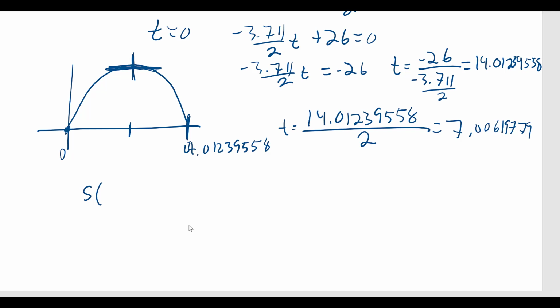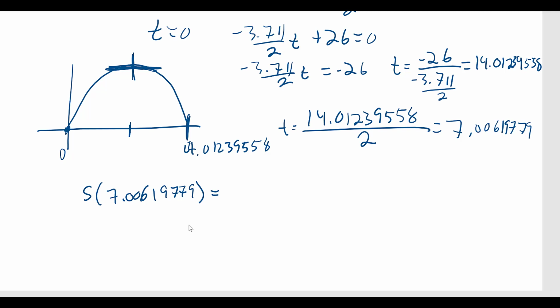When you're typing in the next set of calculations, you can have that full number that goes beyond what's displayed. So s of 7.00619779 gives us our position, or the height. In this case I could have said h, but I just left it as s for position.